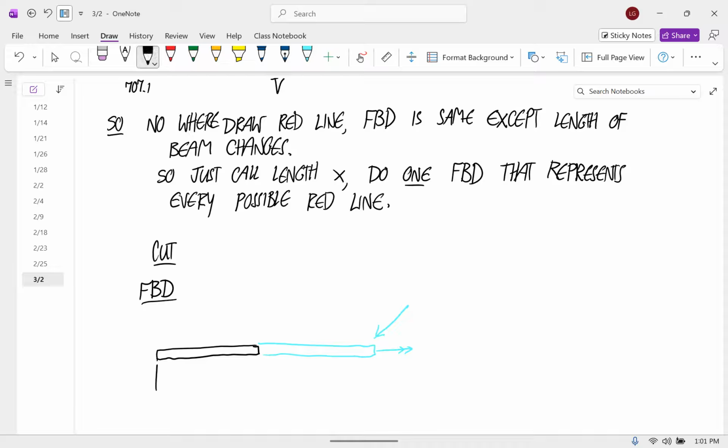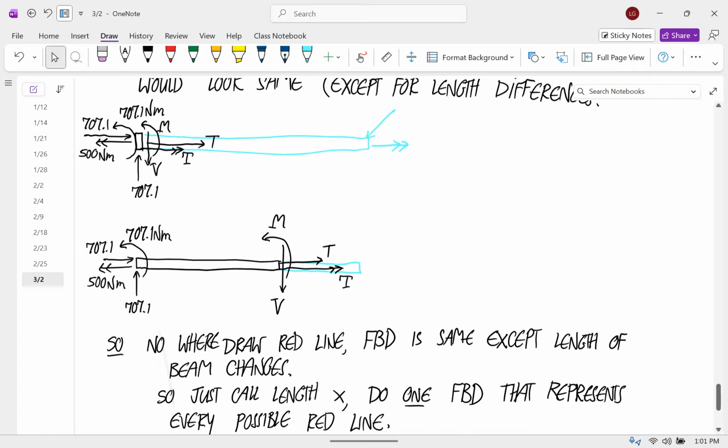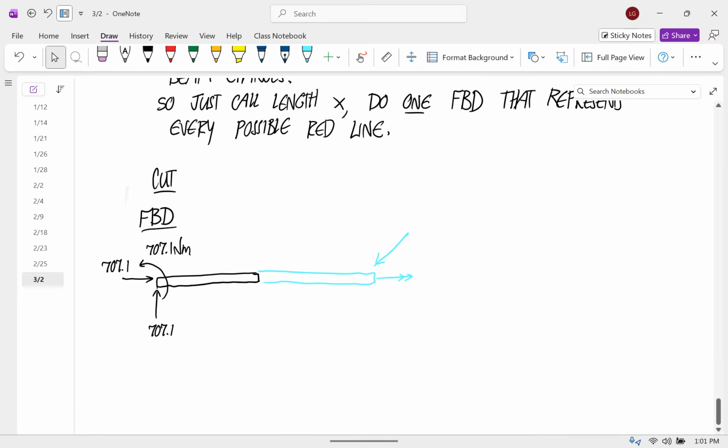There's the 707.1 forces. There is the reaction moment of 707.1 Newton meters. And then there is the 500 Newton meter torque this way.